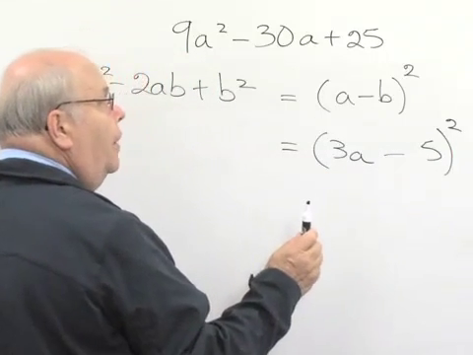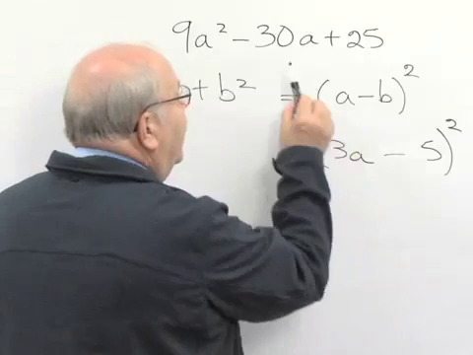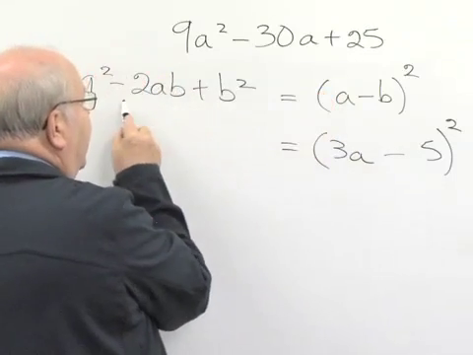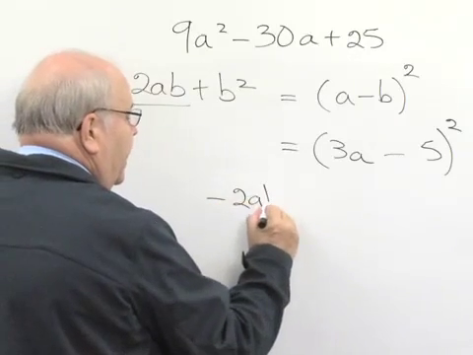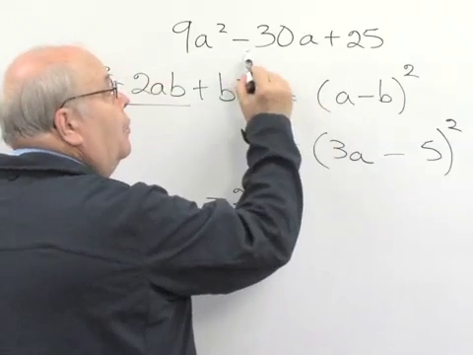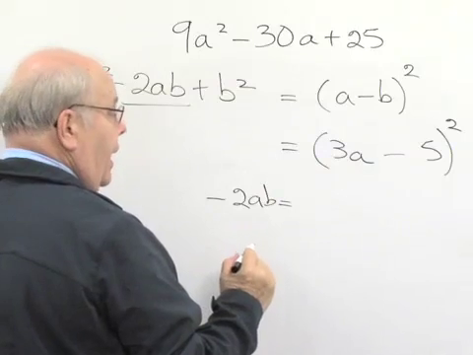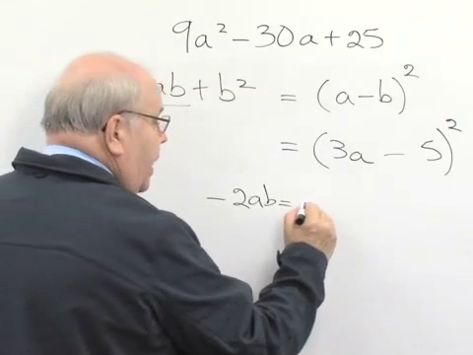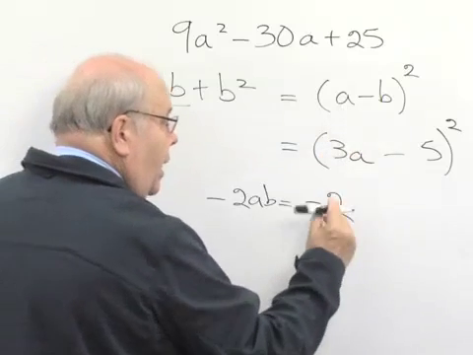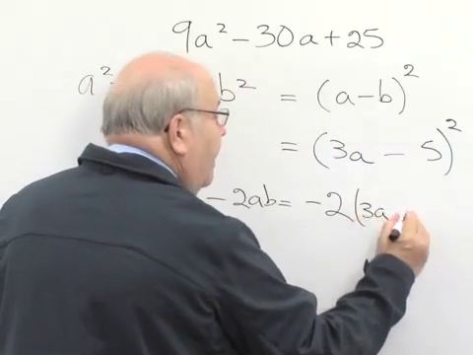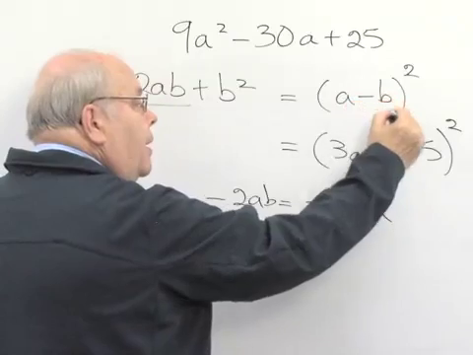Now there's an important thing we have to check out. Is the middle term correct? Is it true that if we do minus 2 times a times b, that we're going to get negative 30a? This requires us to check minus 2 times the part that is a, which is 3a, times this part b.